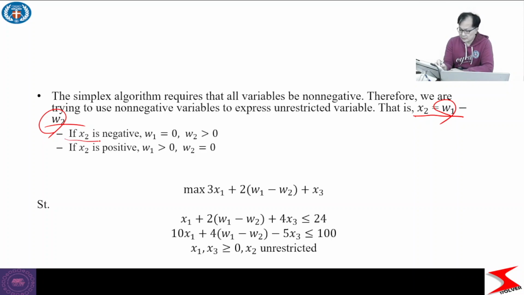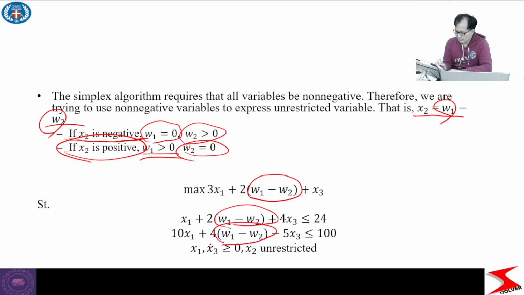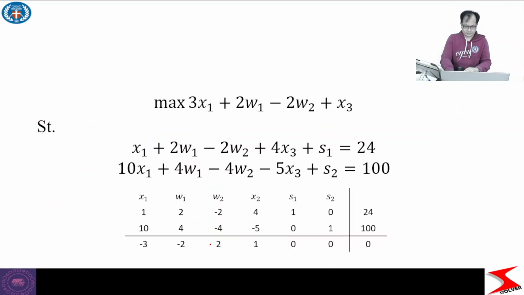So if x2 is negative, then w1 equals 0, and w2 is a positive number. And if x2 is positive, then w1 is a positive number, w2 is 0. Okay, so we replace x2 by w1 minus w2.